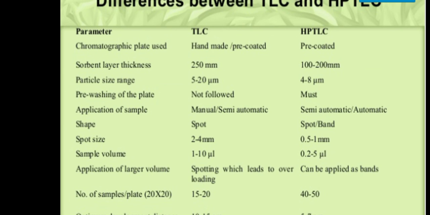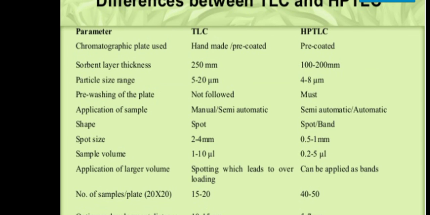Then sample volume: in TLC we apply using micro syringes, around 1 to 10 microliter. In HPTLC it will be around 0.2 to 5 microliter.